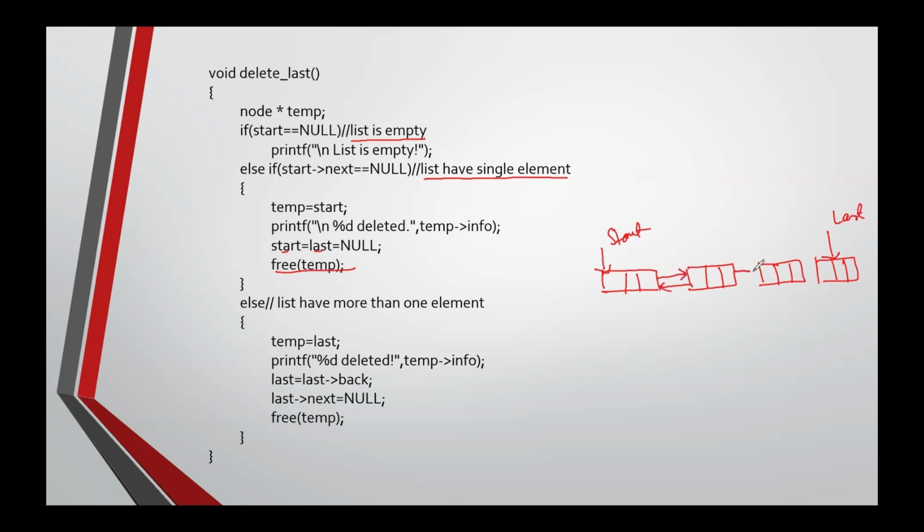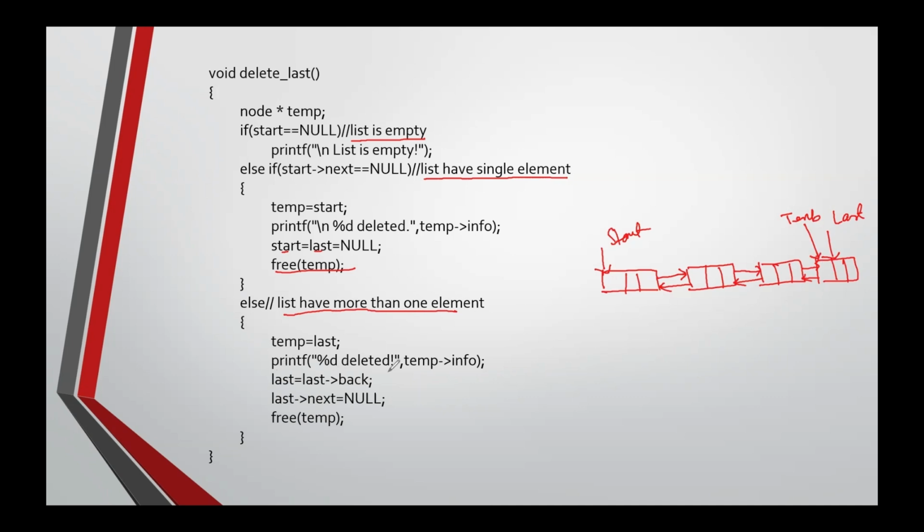Actually, my main purpose in taking two pointers is that whenever we have to perform any operation on the last node, there is no need to traverse to reach the last node. So here what happened? The list has more than one element. Now more than one element is present. Yes. So what happened? Temp stores the value of last. So here we make a temp that stores this value.